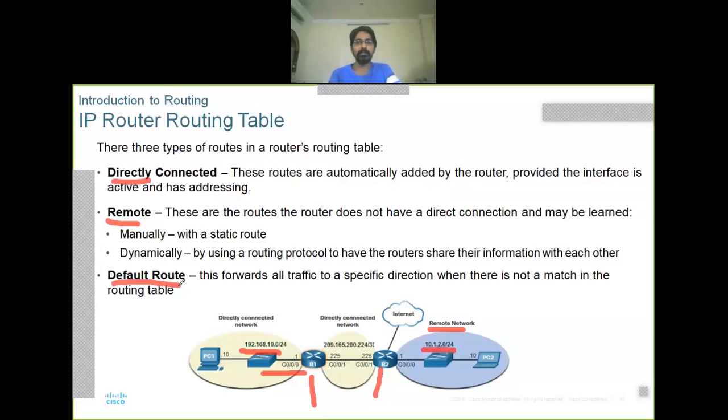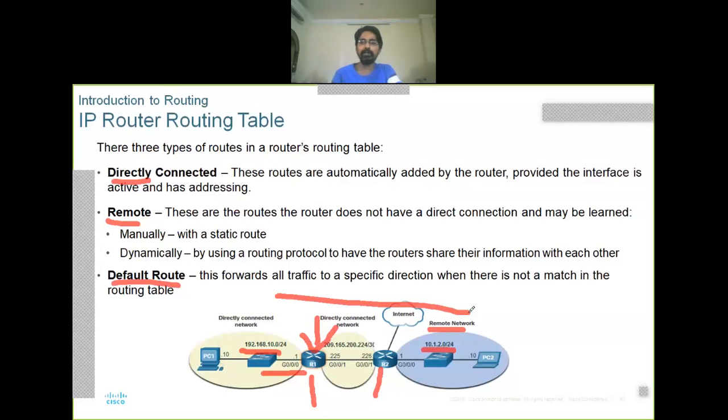Default route means when there is no match, that means there is no network available. For example, consider a case where some packets from R1 want to send data to some address, for example 172.168, like that. In this network there is no such route to 172.168.